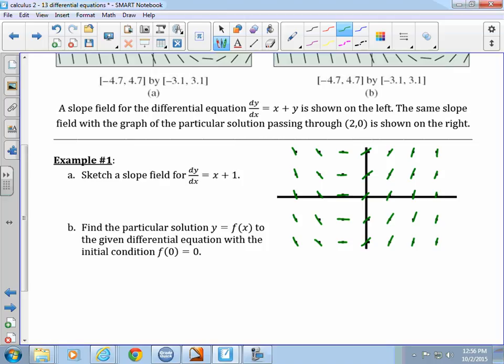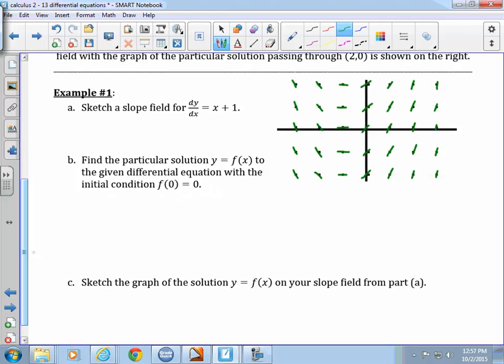Find the particular solution y(x) to the differential equation with initial condition f(0) equals 0. So I'm going to find the solution. That's actually a question from yesterday, right? So how do I find a particular solution? I separate the variables.